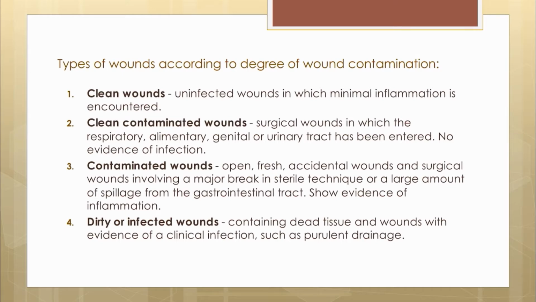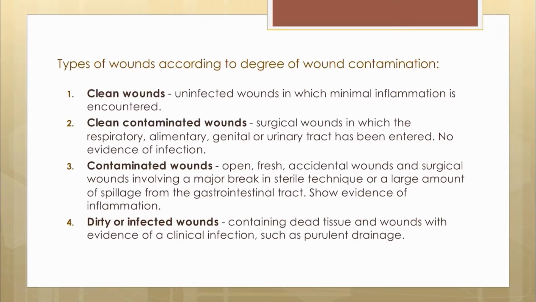First one, clean wounds, uninfected wounds in which minimal inflammation is encountered. Second, clean contaminated wounds, surgical wounds in which the respiratory, alimentary, genital, or urinary tract has been entered, no evidence of infection. Third, contaminated wounds, open, fresh, accidental wounds and surgical wounds involving a major break in sterile technique or a large amount of spillage from the gastrointestinal tract show evidence of inflammation.